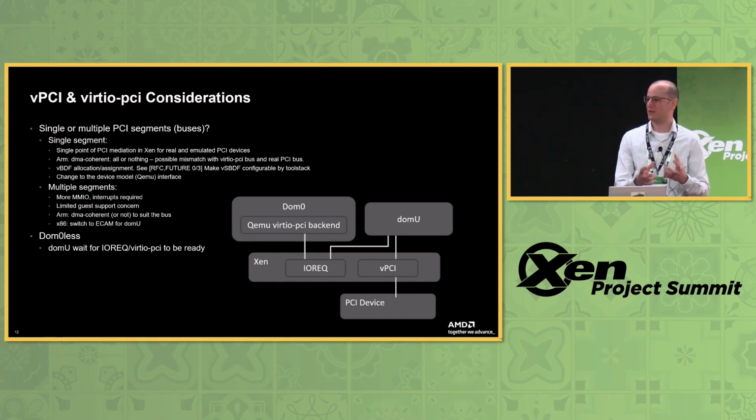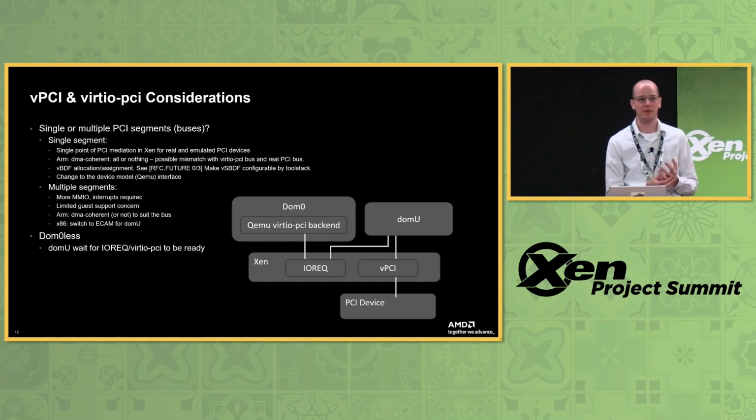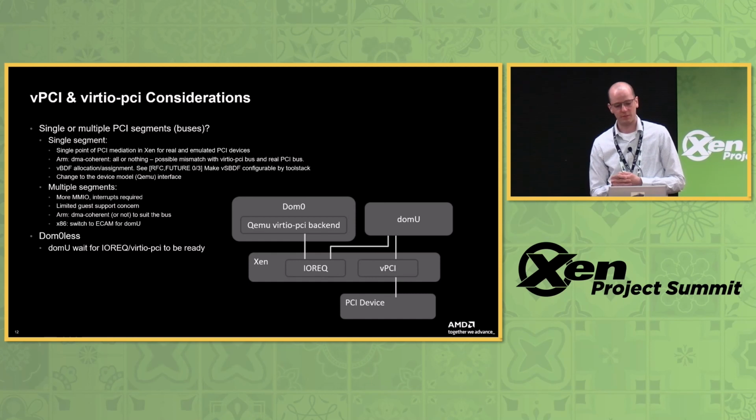The PCI controller's AXI transactions may be routed through a DMA coherent path, or it may not be, which means, does the AXI transaction snoop the caches or not? If not, then the guest needs to do some extra operations, maybe more barriers or cache operations, to be able to fully do DMA with the device.